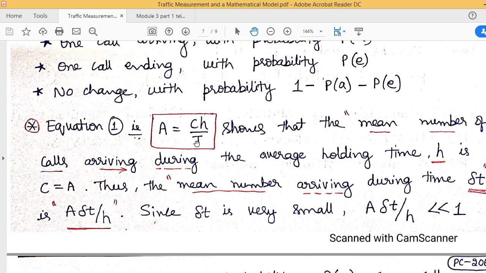When I make this T to H, K number of calls may end within this average holding time.